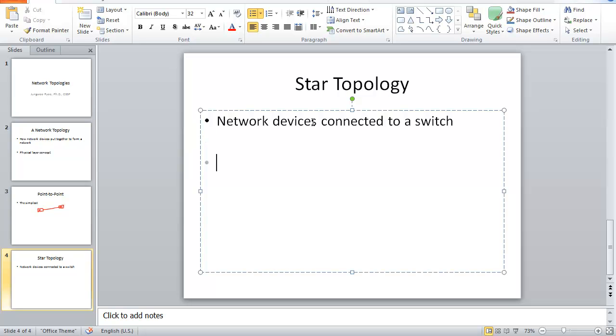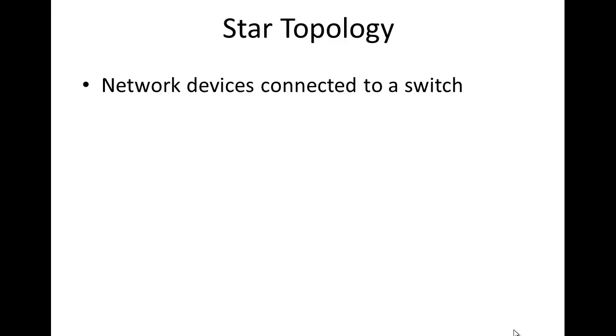And one thing you note here is that the traffic goes through the switch all the time. So if I want to send something from one device to the other, the traffic has to always go through the switch at the center, which is at the center of the star.